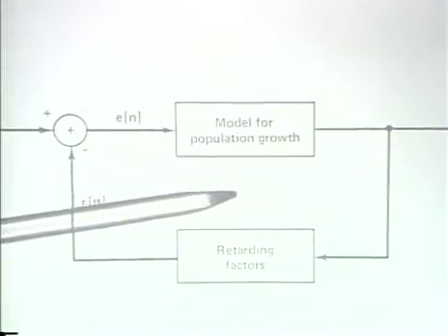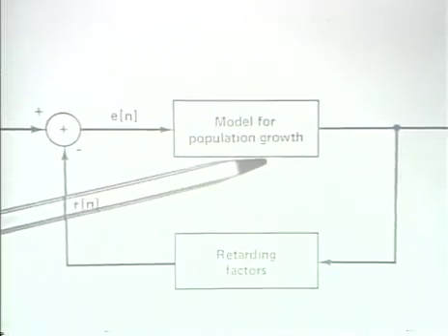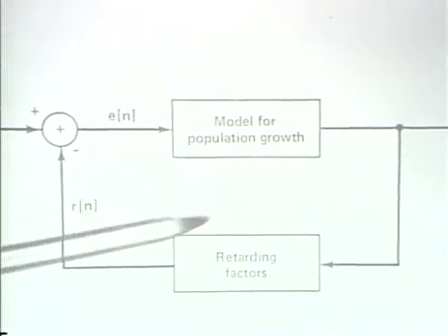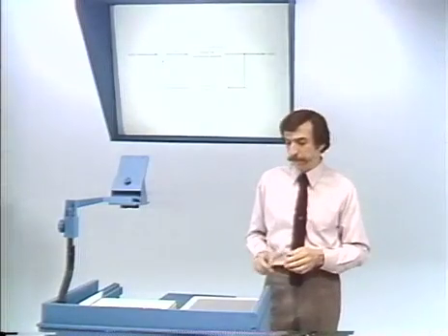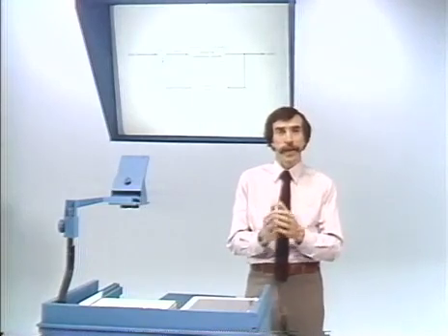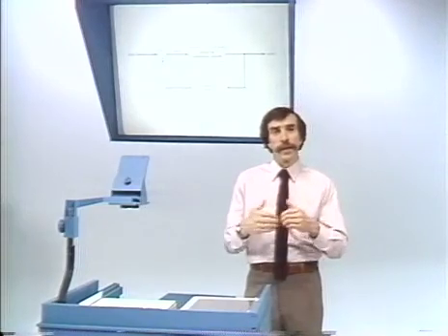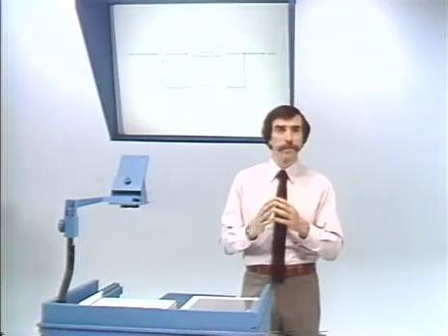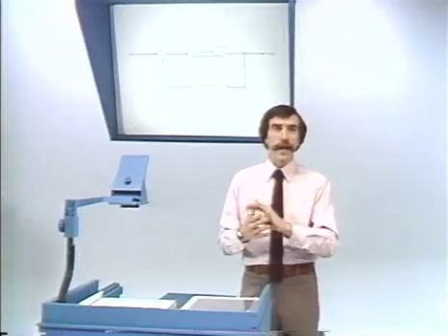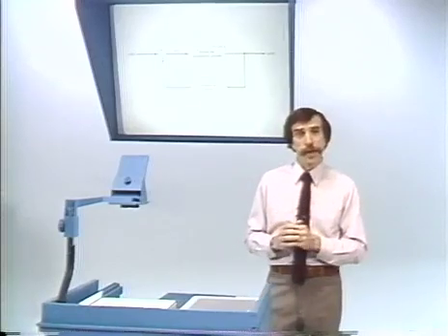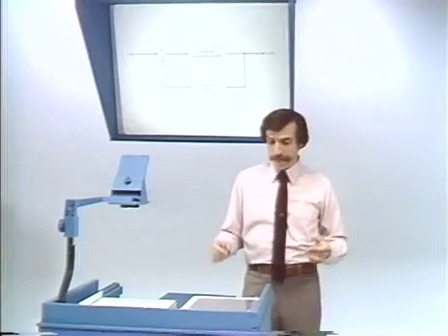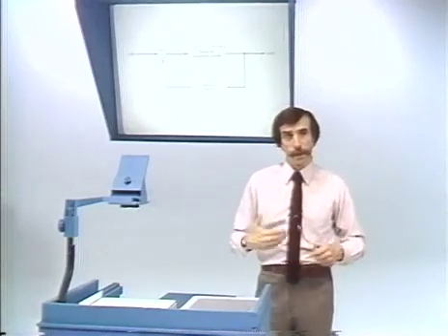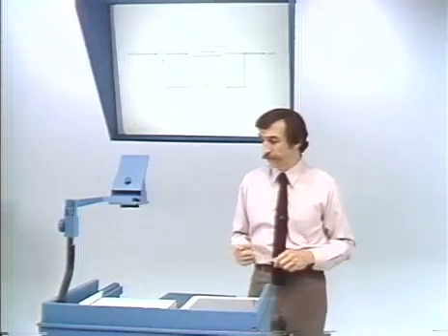And typically, models for population growth are unstable systems. You can imagine that because if you take simple models of population, in any generation, the number of people or animals or whatever it is that this is modeling grows essentially exponentially with the size of the previous generation.